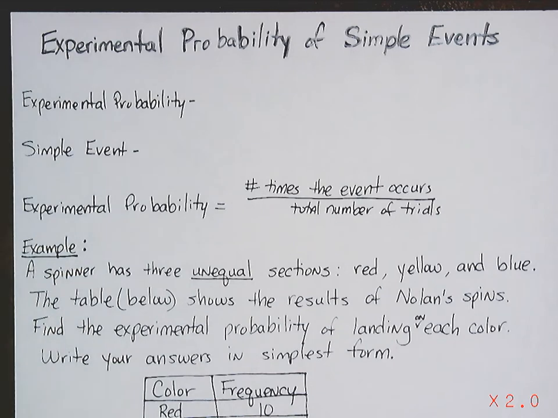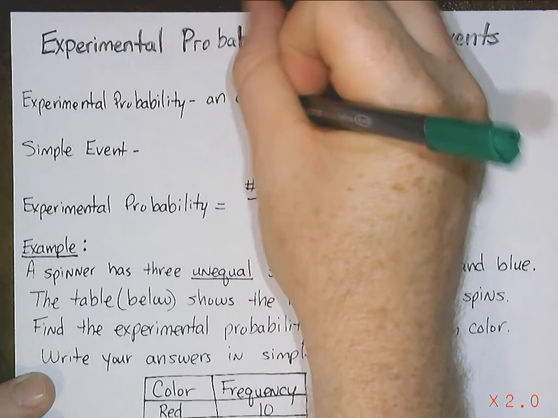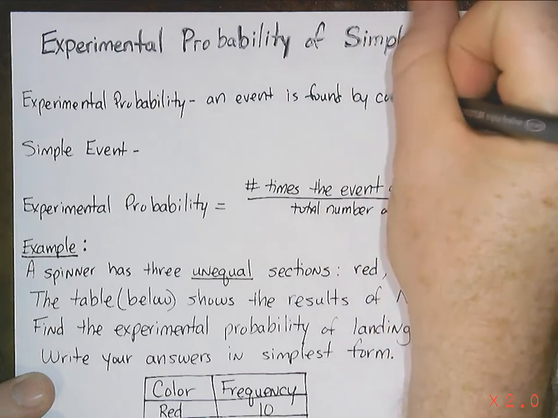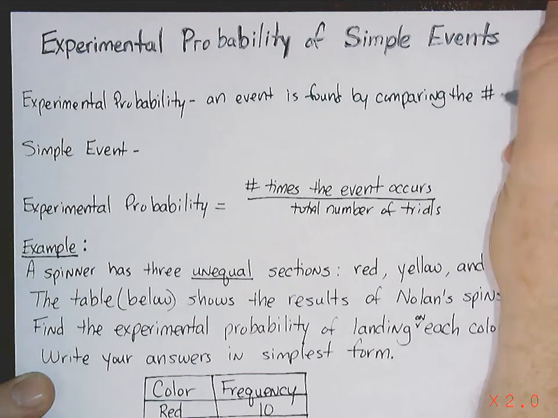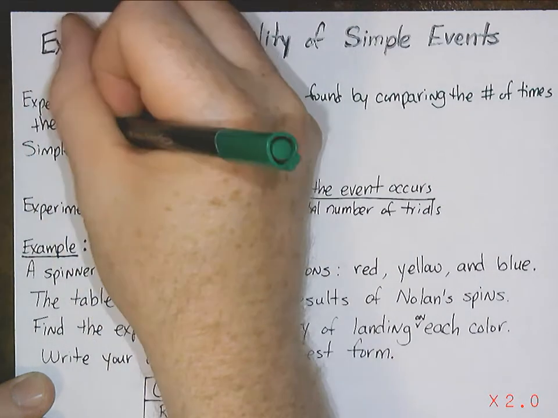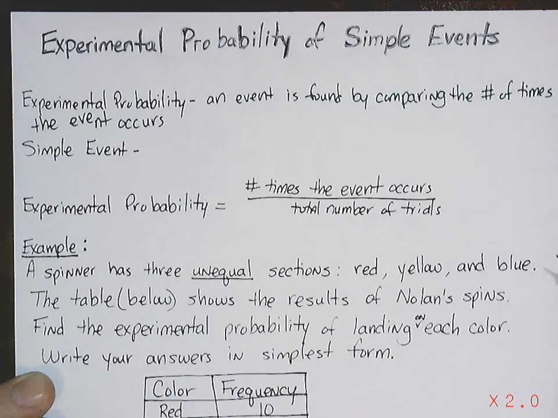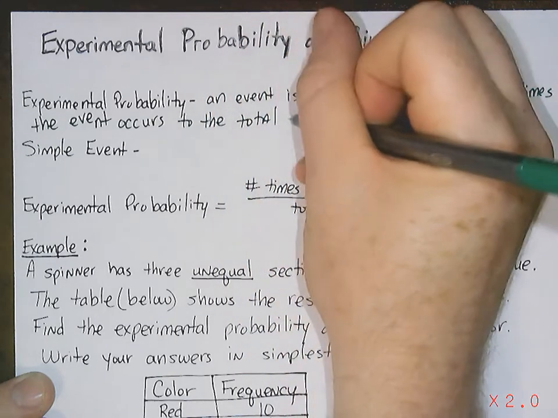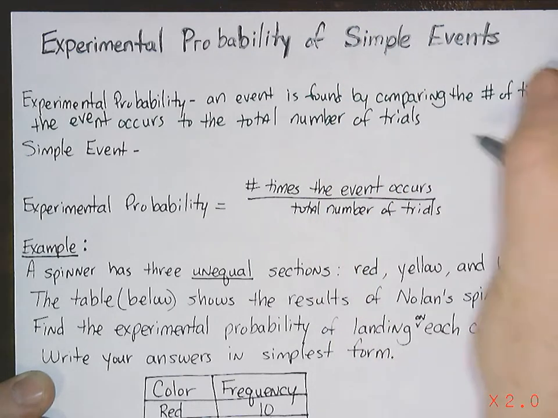Experimental probability, the book describes it: an event is found by comparing the number of times the event occurs divided by the total number of trials. Which is basically what this is all about right here.